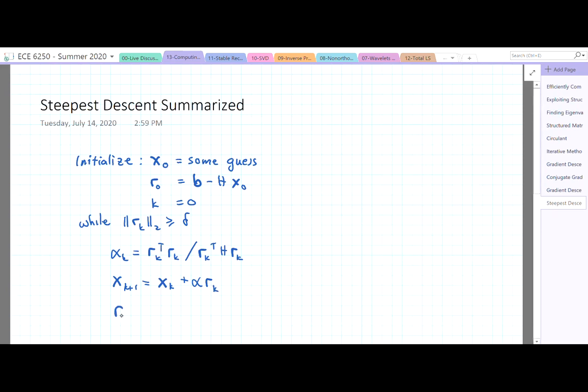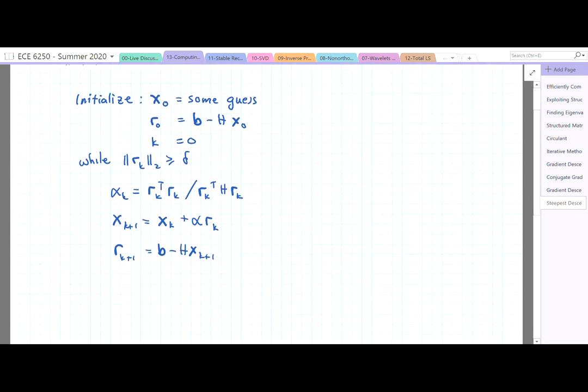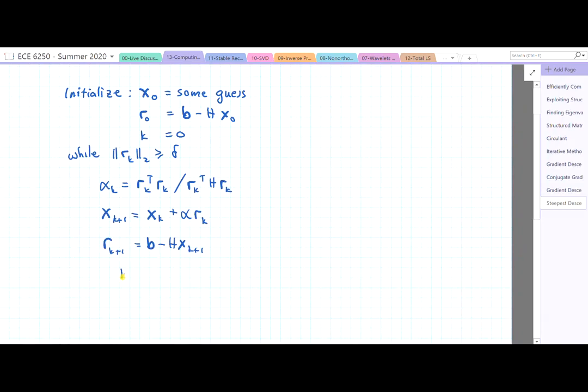And then we have r k plus 1 is equal to b minus H x k plus 1. Increment our index, and that's it.